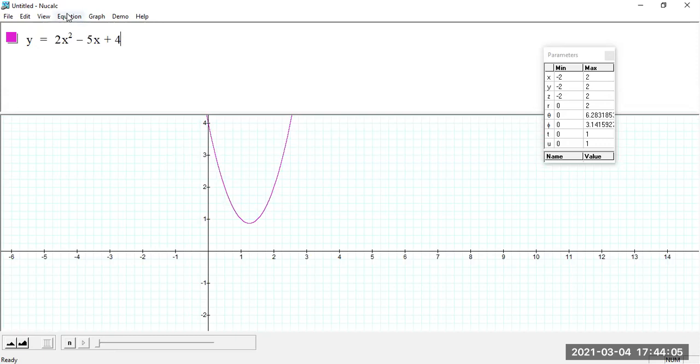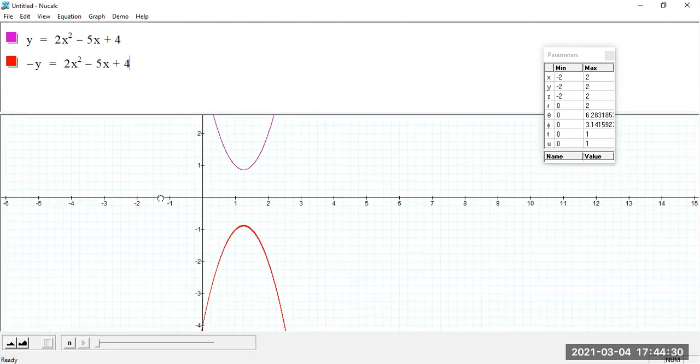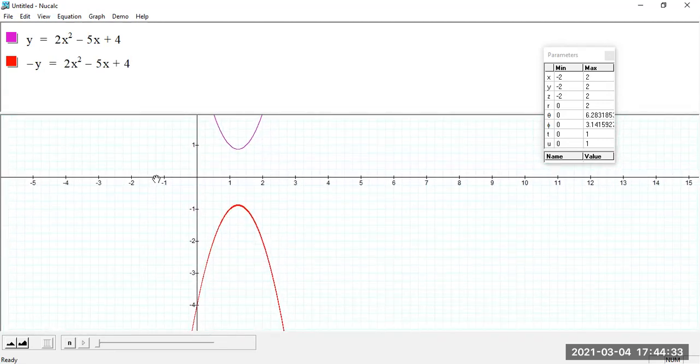So if I reflect that with respect to the x-axis, then it will be upside down, but below that x-axis. See, right? Okay, let me zoom it out so that we can see better.